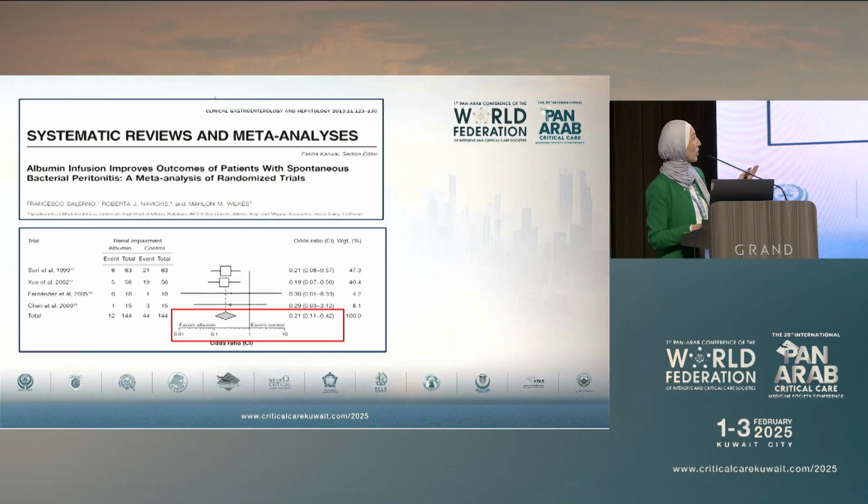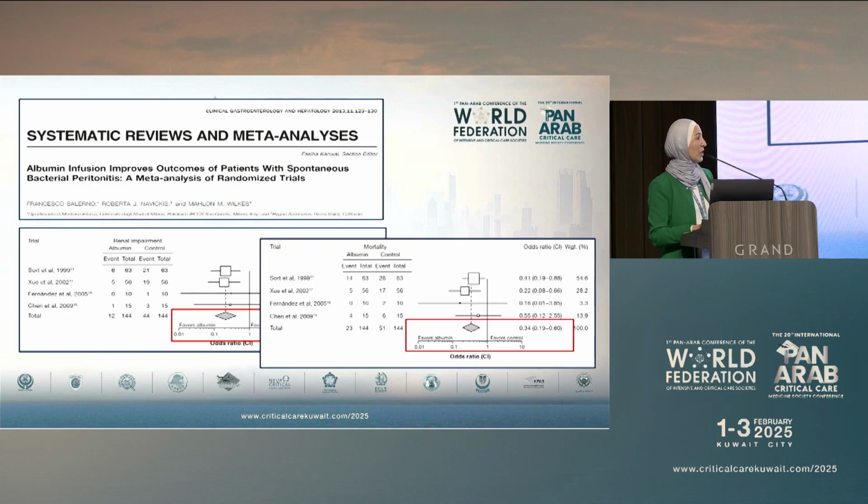If you look at the first part, the renal impairment, it was certainly in favor of the use of albumin, with a reduction in renal impairment in patients that received albumin. And also in terms of mortality, it was in favor of using albumin in patients with spontaneous bacterial peritonitis.